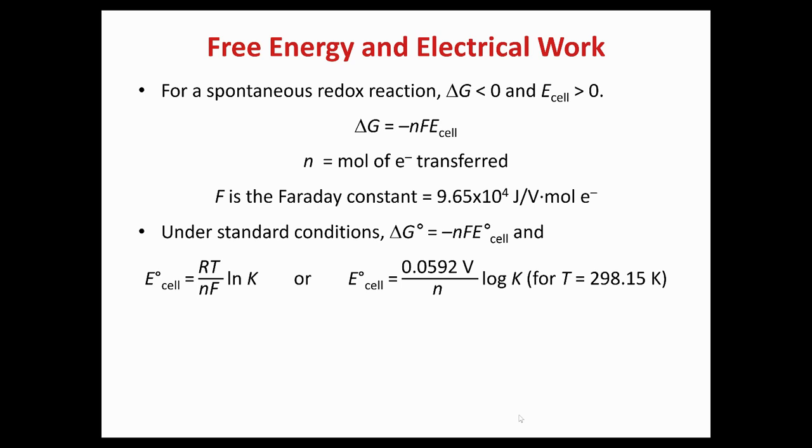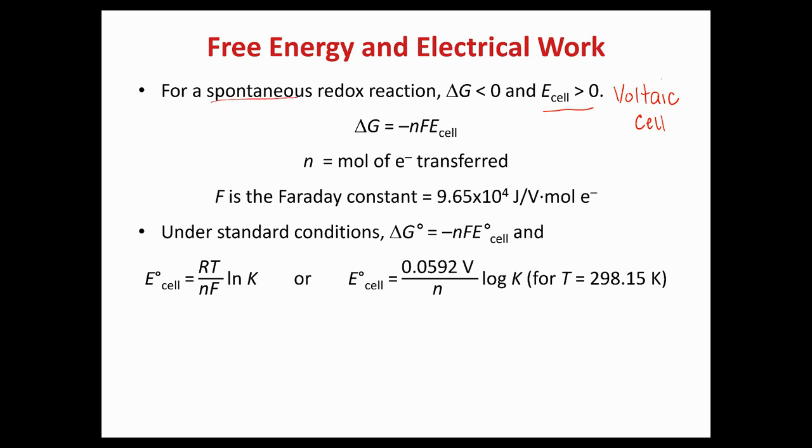Hey students, this last part of the chapter is dealing with the idea of a voltaic cell, a voltaic cell with an E of cell greater than 0. Remember that if you're setting up your electrochemical cells, the voltage has to be positive for it to be spontaneous.